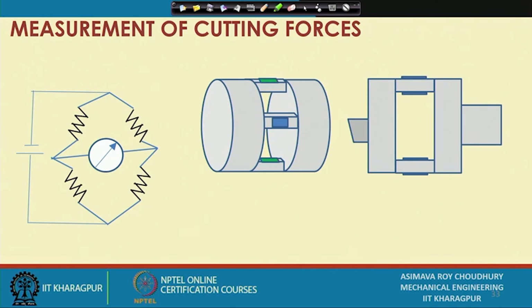So, this proportionality allows us to measure resistance and accordingly predict the strain, and that means within elastic limit the stress, and from that the force.